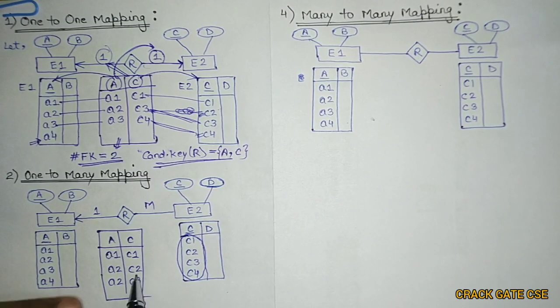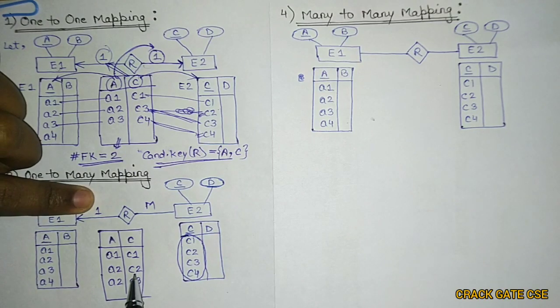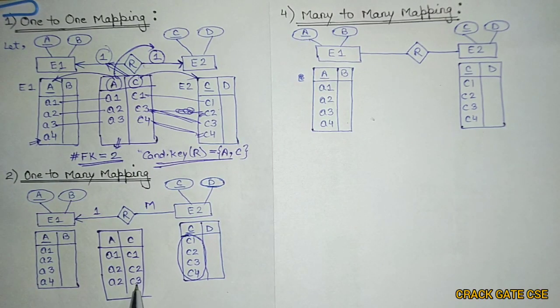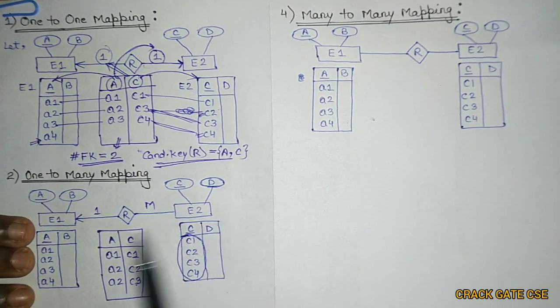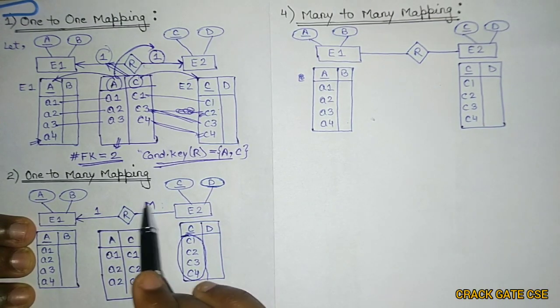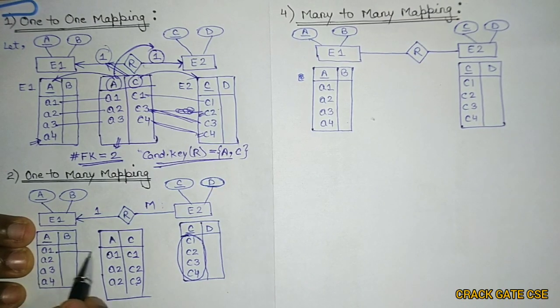Now see, this C2 is related with only one record of this E1, and this C3 is also related with only one, that is A2. But if you talk about this E1, A2 is related with more than one value of E2.